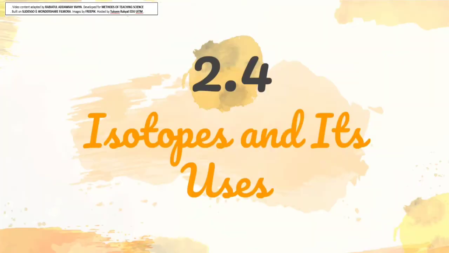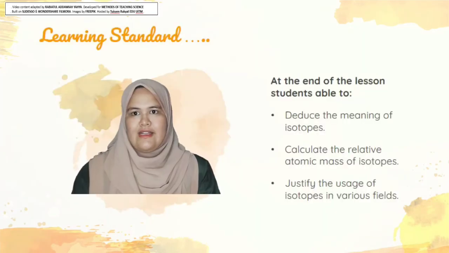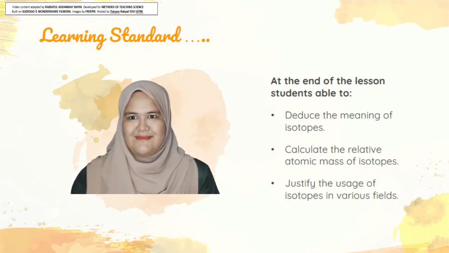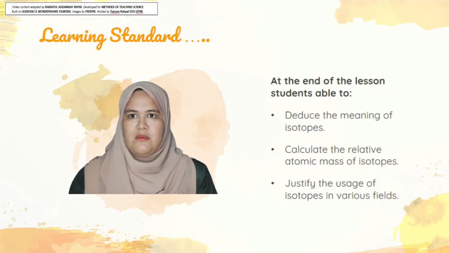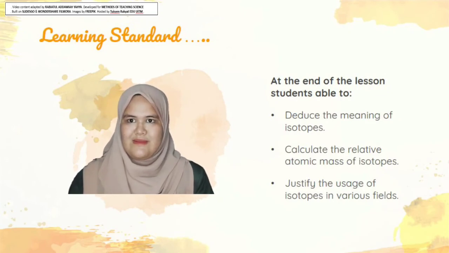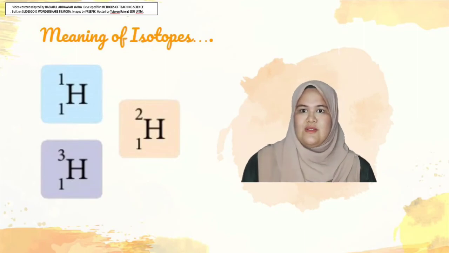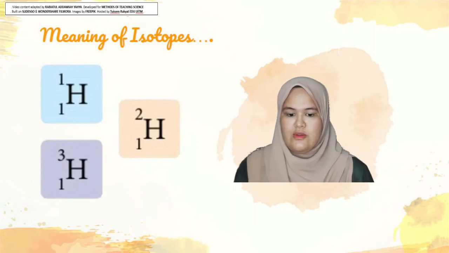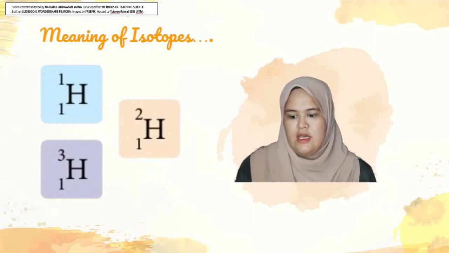Alright, the last subtopic for this chapter is 2.4, Isotopes and its uses. At the end of the lesson, students should be able to deduce the meaning of isotopes, calculate the relative atomic mass of isotopes, and justify the usage of various isotopes in various fields. Alright students, this figure shows 3 atoms of hydrogen element.